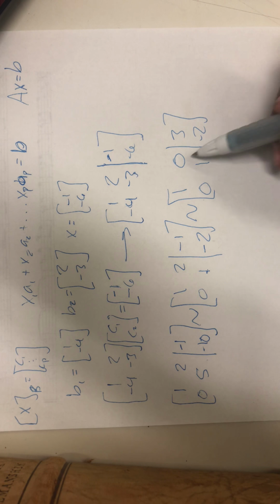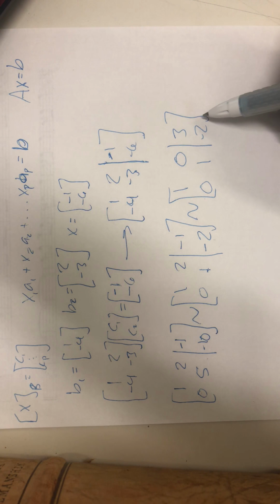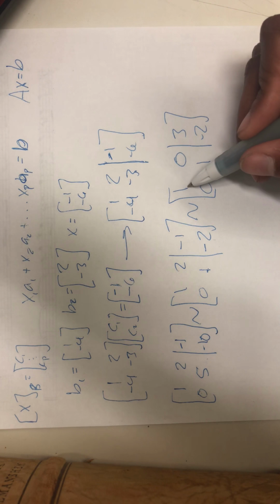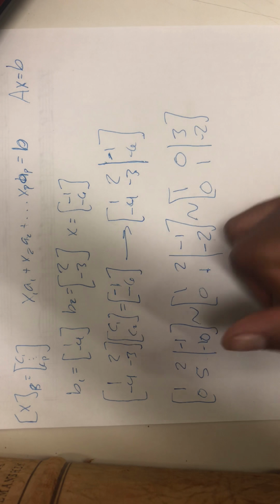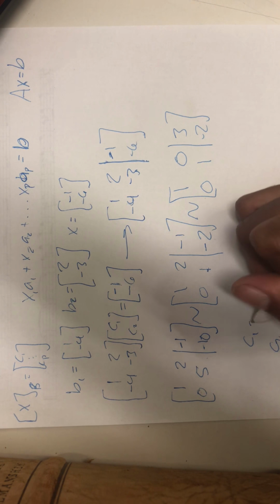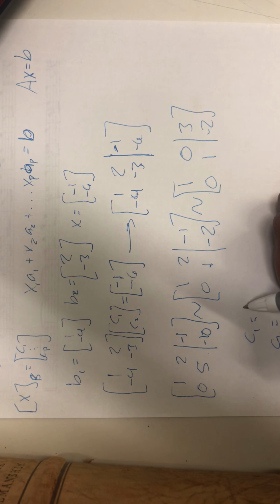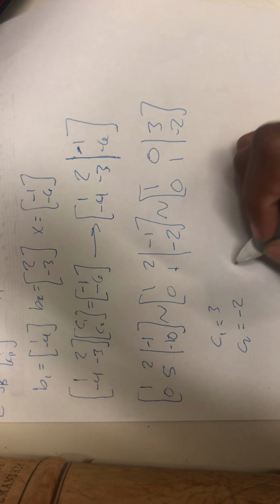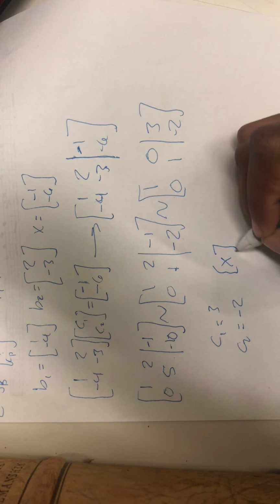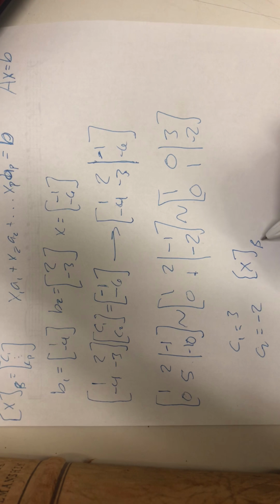And now we are finally in our reduced echelon form, which is what we want. And our weights are going to be C1 is equal to 3, C2 is equal to negative 2, and this is our x coordinate vector relative to this basis B that we were given.